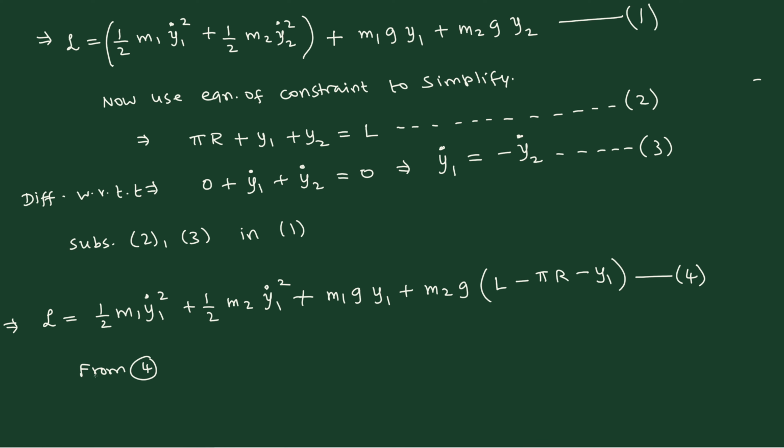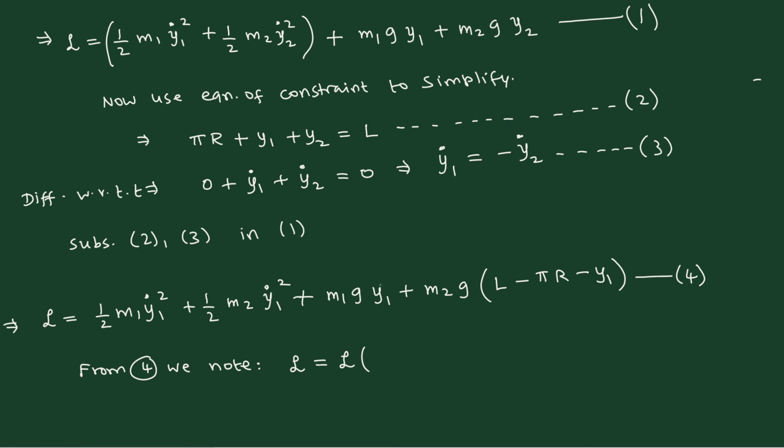So from the equation number 4, what we observe is the following. Lagrangian is a function of, what are the variables that are there? You first of all find out which variables are there without dot. Without dot means that is the position. Then you find out how many variables are there with dot, and then you list out everything. There is a y1, m and g and all you should not consider, they are constant.